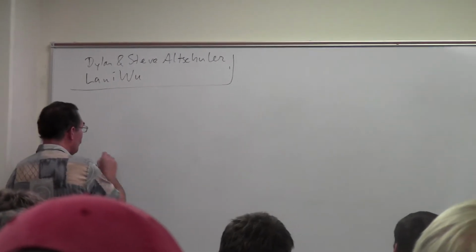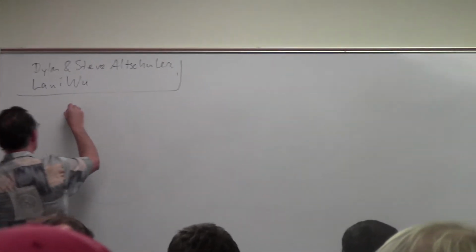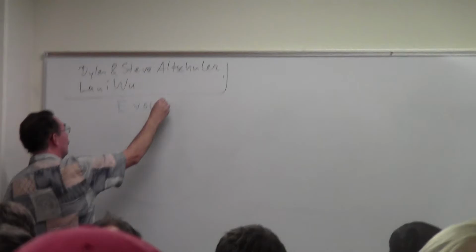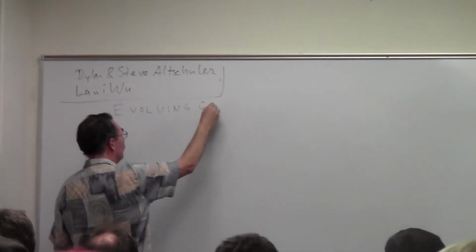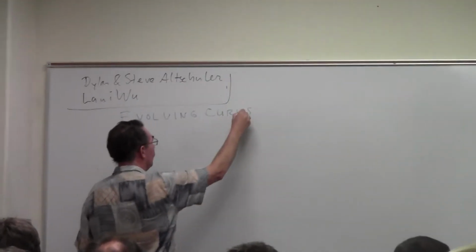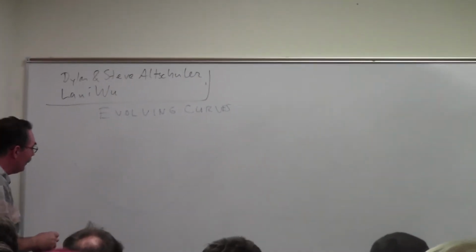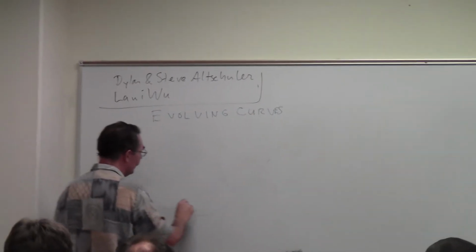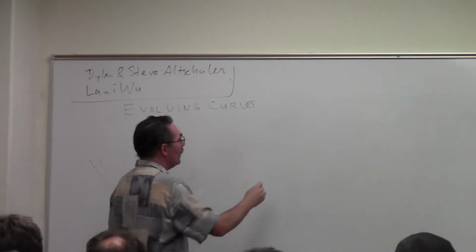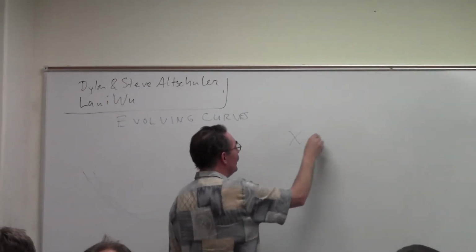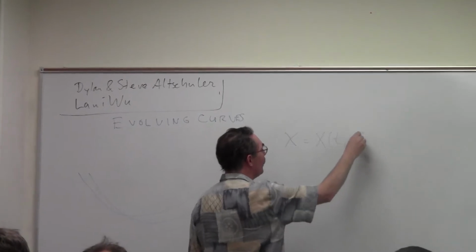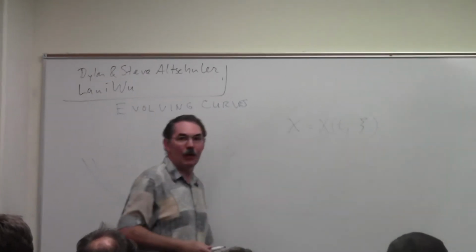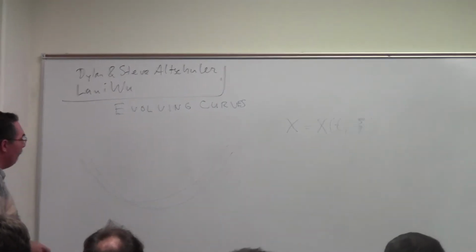So let's talk about moving curves, or evolving curves. Here's a curve at a particular time, and let's say it moves, and a little later it's here. Let's say we have a parameterization, x is x of c, where c is a parameter along the curve.